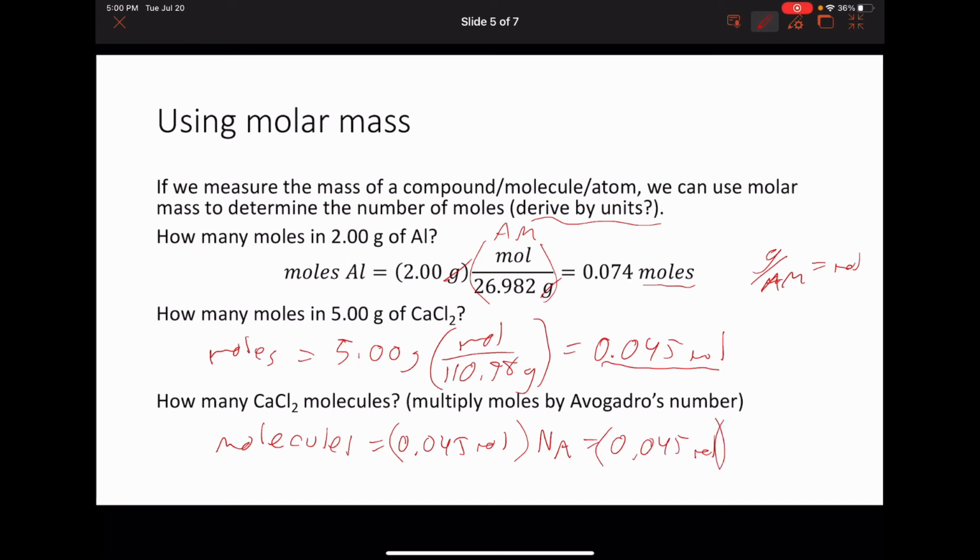And so this would be 6.02 times 10 to the 23rd. And the units on Avogadro's number are 1 over moles. And so our total number of molecules, if we multiply that out, is 2.71 times 10 to the 22 molecules. So in that simple 5 grams, we have 2.7 times 10 to the 22 calcium chloride molecules.